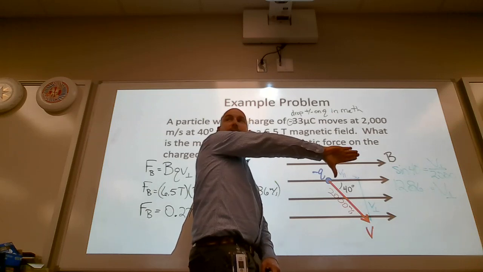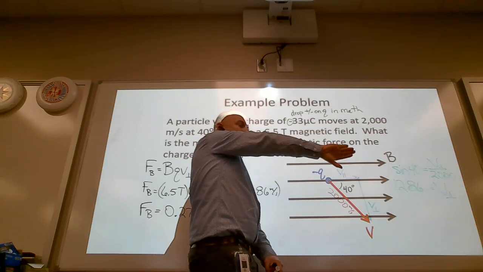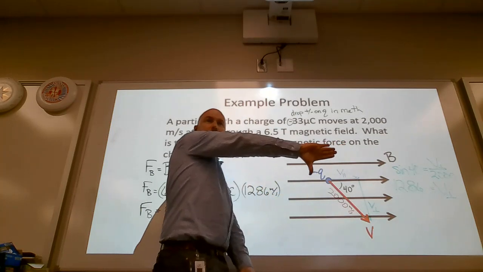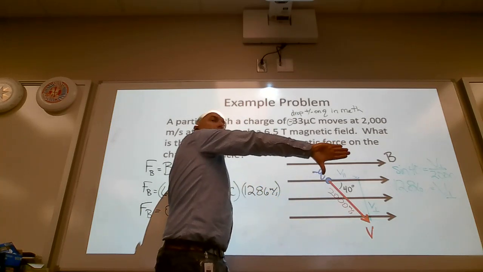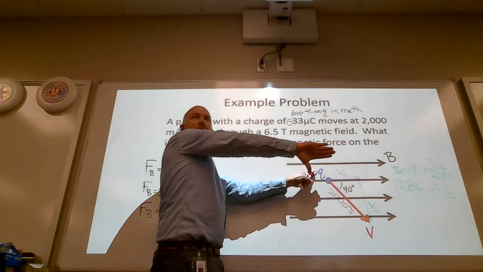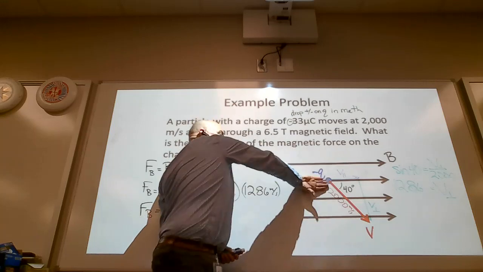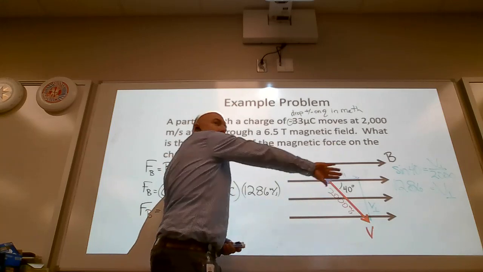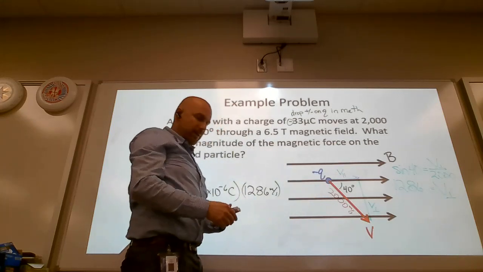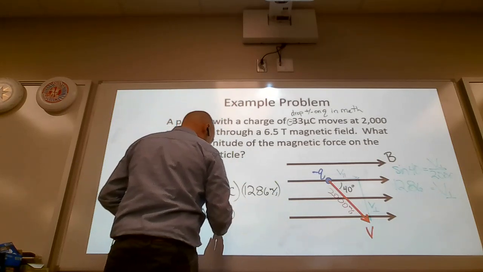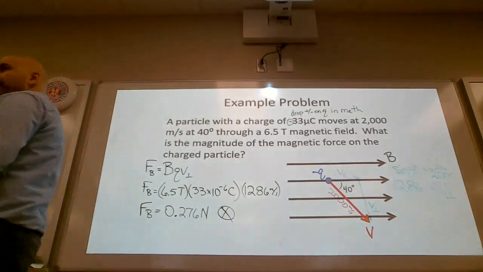Does that make sense? Do not put your thumb in the direction of the red. Put it in the green. Okay? And it is negatively charged, so which way is it being forced? Into the board. Into the board. Okay? Good?